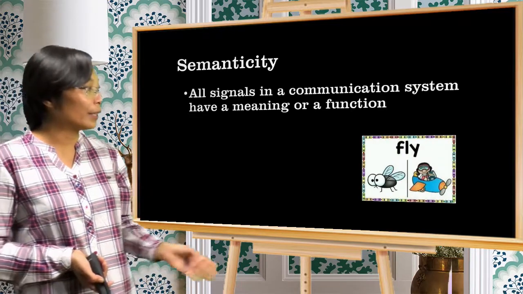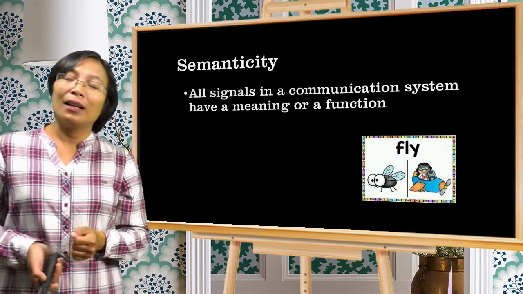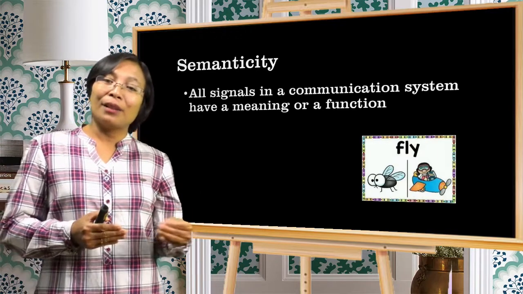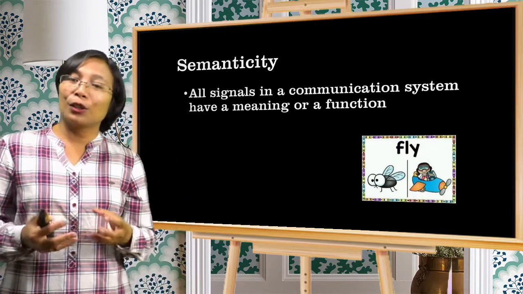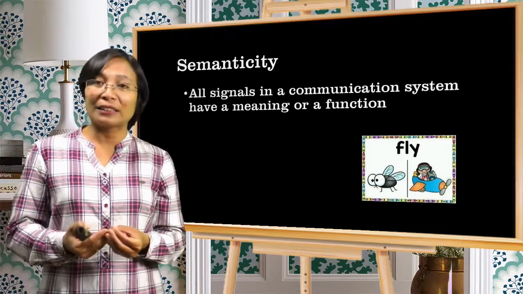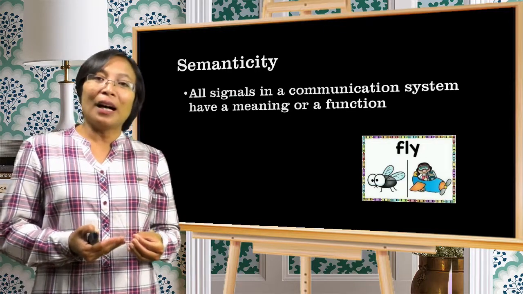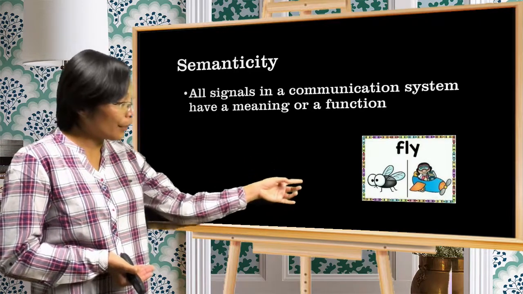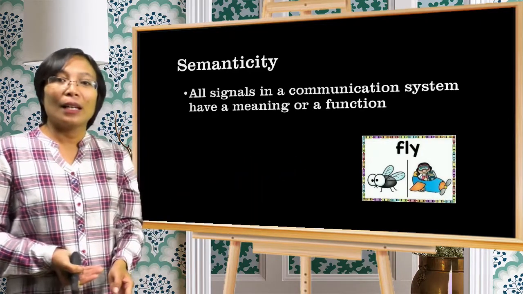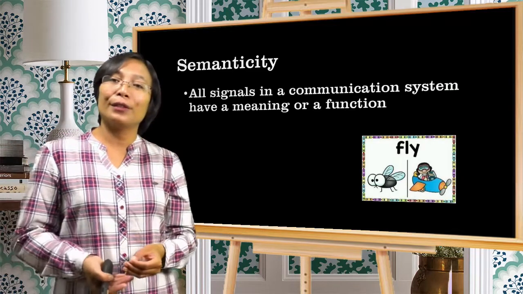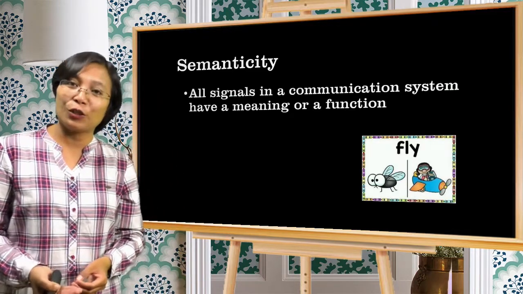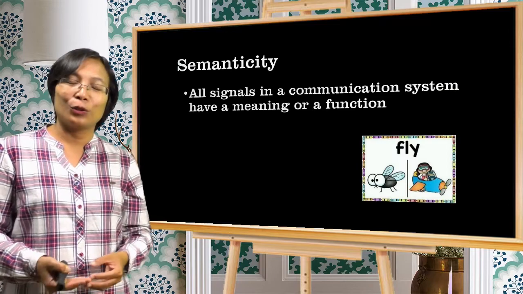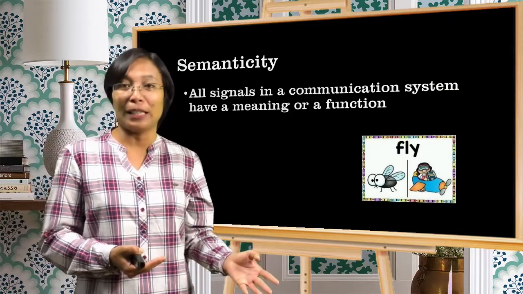We have the word fly. This word may refer to a particular item or thing. It might refer to an animal, as you can see here in this picture, and it can also refer to a particular action. To fly a plane, for example.